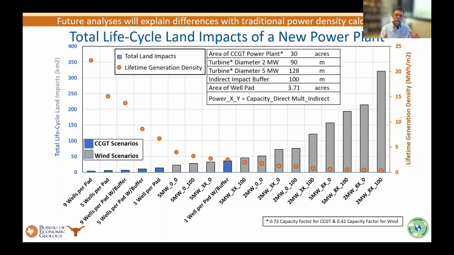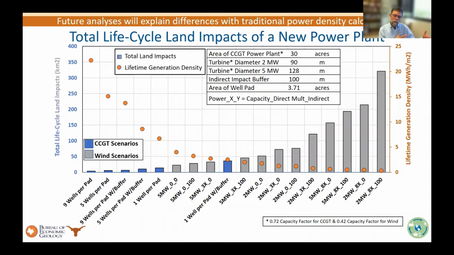How much electricity is actually being generated by these plants? We're not interested in the capacity. The typical traditional power density calculations are very often done on the capacity side times capacity factor. We're very interested in what the upstream needs for the fuel cycle are to generate the electricity.